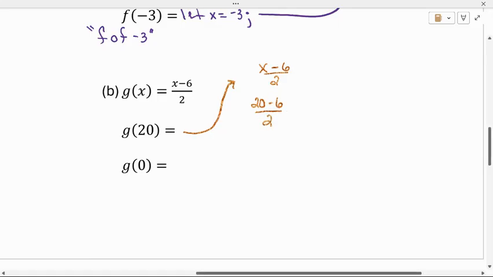Well, what is 20 minus 6? 14. 20 minus 6 is 14, and 14 divided by 2 is 7. So we write g of 20 equals 7.